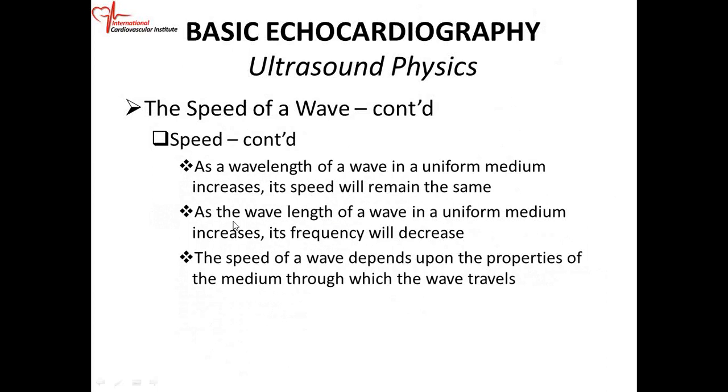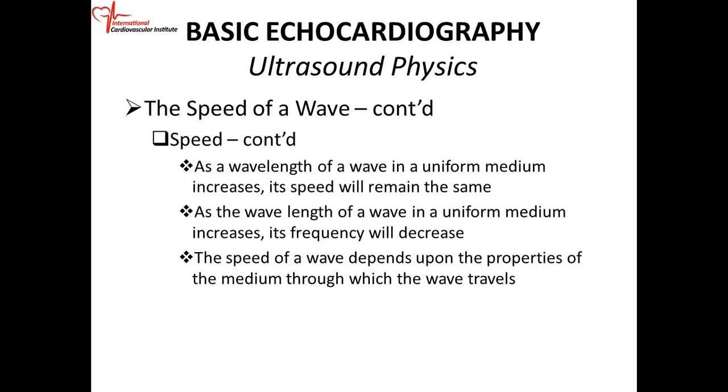Okay? However, as the wavelength of a wave in a uniform medium increases, its frequency will decrease. Because the speed is supposed to be fixed, if the wavelength increases, the frequency has to decrease.